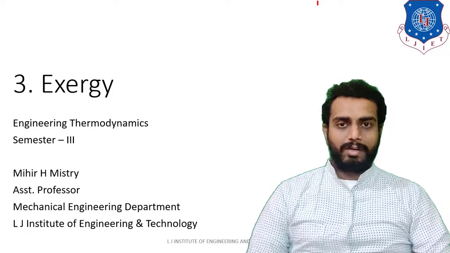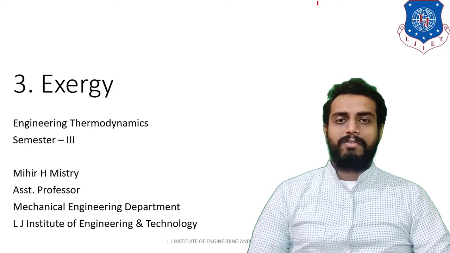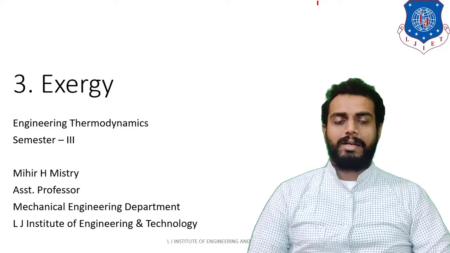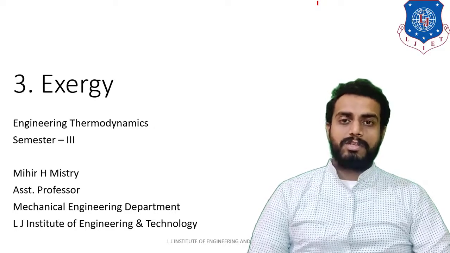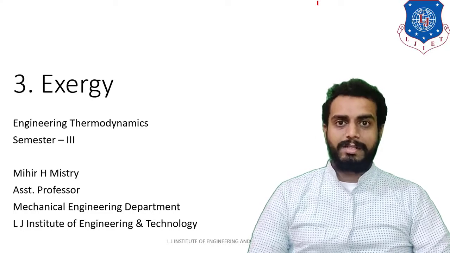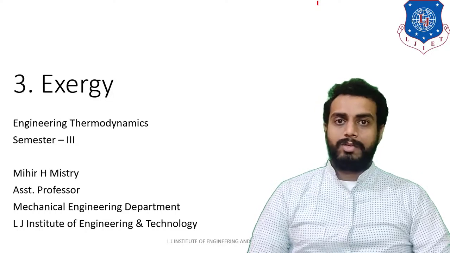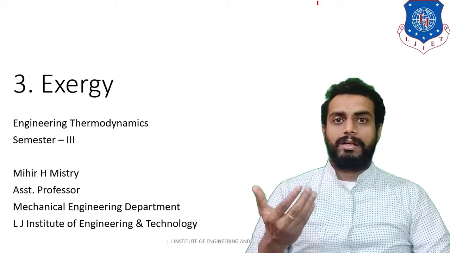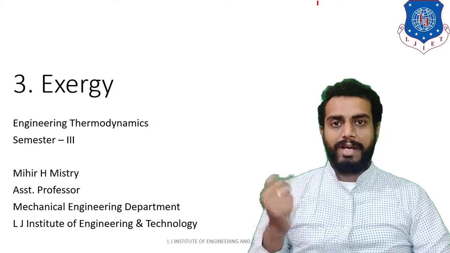Then the second law. You might be aware that the second law defines the direction or feasibility of the process. The two statements are very simple, that is the Kelvin-Planck statement and the Clausius statement. So also recall that. Kelvin-Planck told us that it is impossible to construct a device which will produce net work while exchanging heat with only a single reservoir.